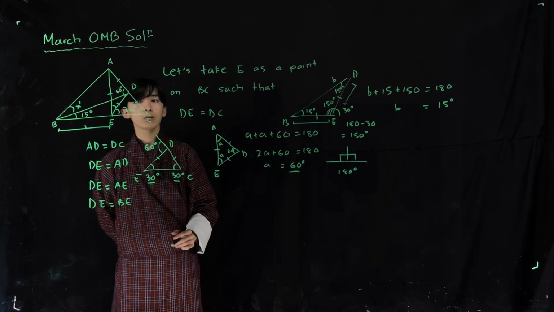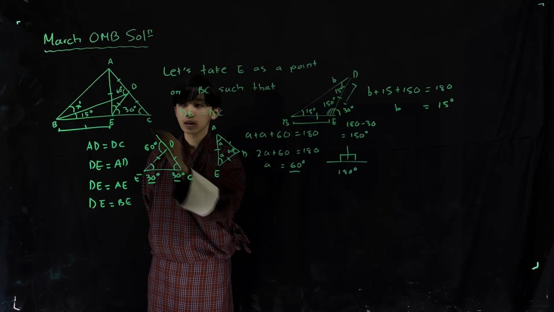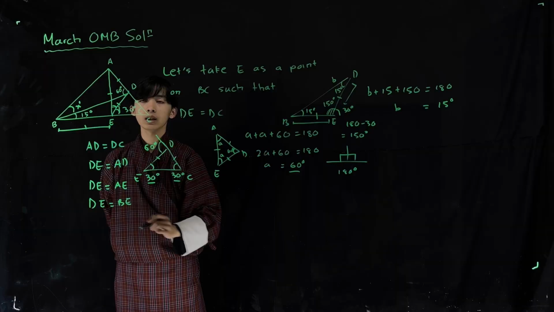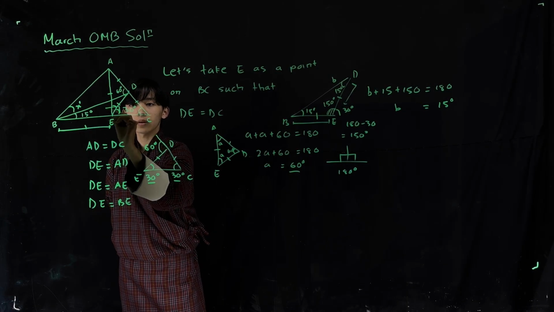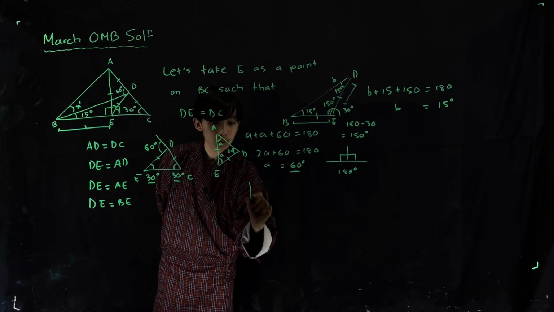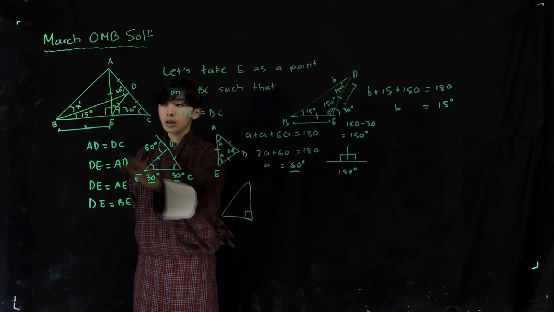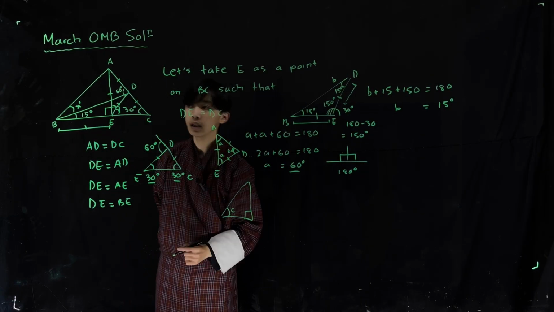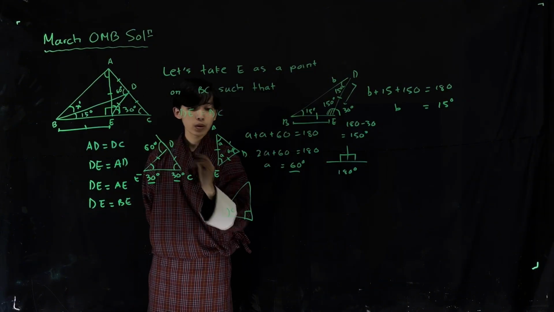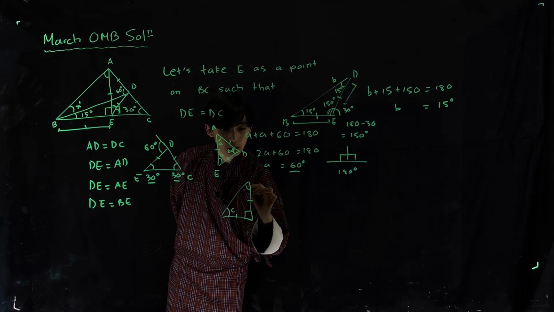Now 60 plus 30 we know is 90 degrees. And the angle AEB we also know is 90 degrees. Let's consider this whole angle as C. This angle will also be the same because these two side lengths are the same, so the base angles will also be the same.